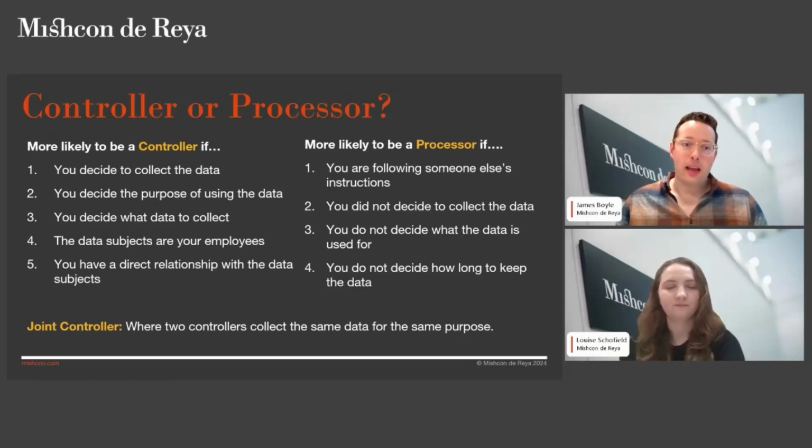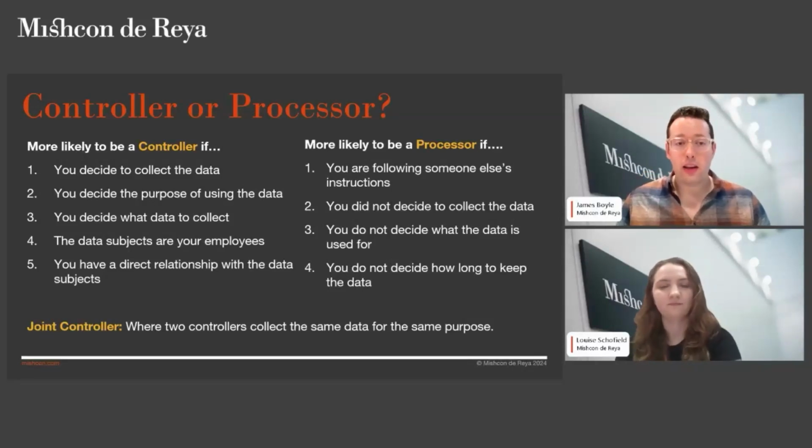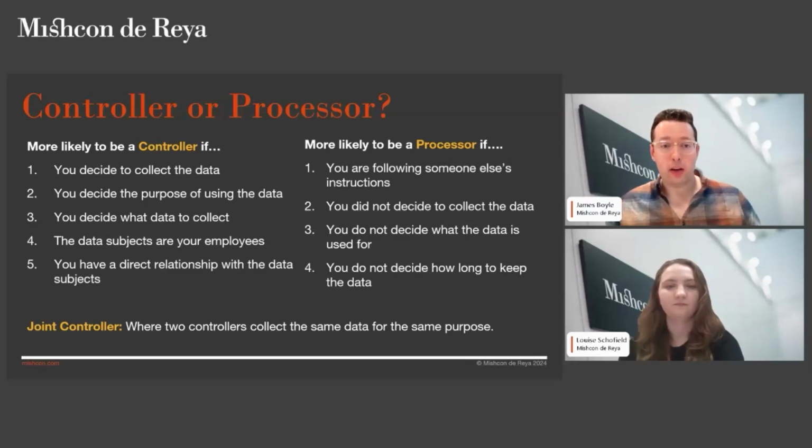So once we've established that the face print is special category data, a natural next step is to consider whether you're acting as a controller or a processor over that data. The answer to this question is critical because it hugely alters your compliance obligations.